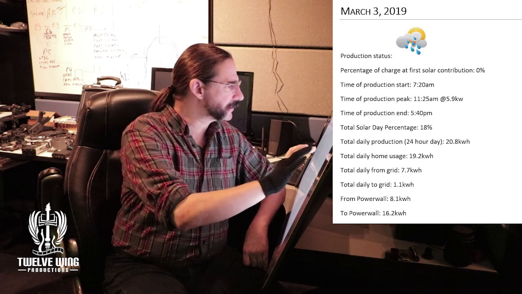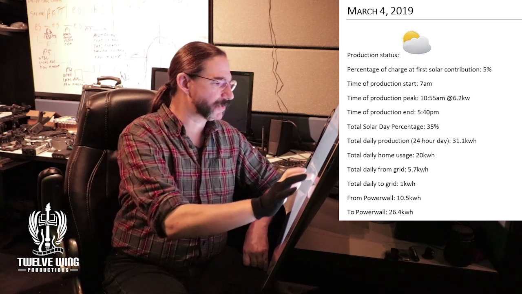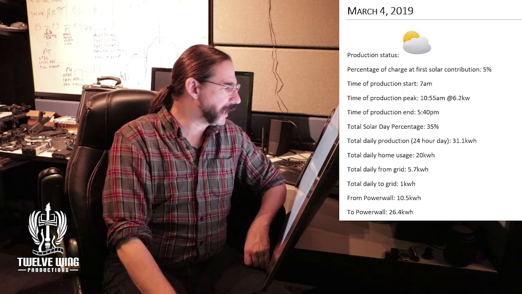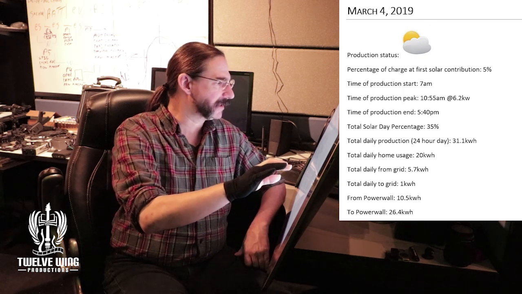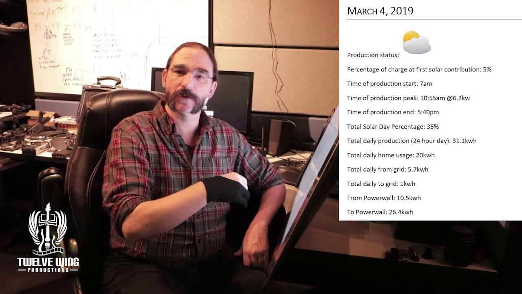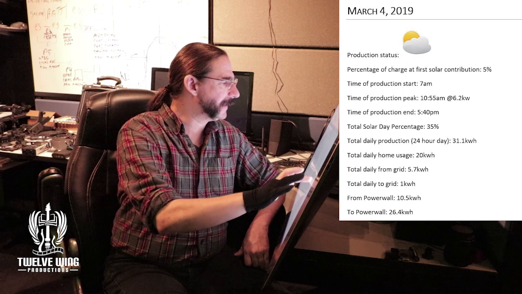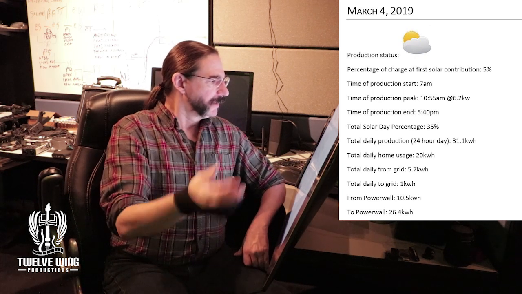And so then that brings us to the fourth. Well, even though we didn't quite make it to our 20%, you can see that 18% left us with 5% at the time of first solar contribution. And so what caused that slightly less reduction during the evening?